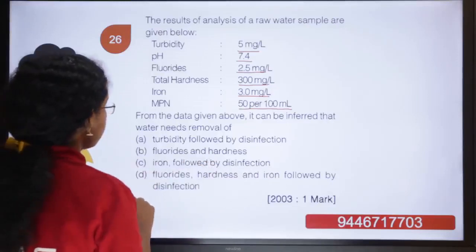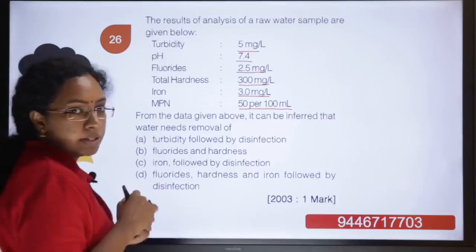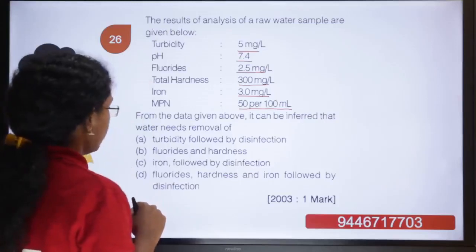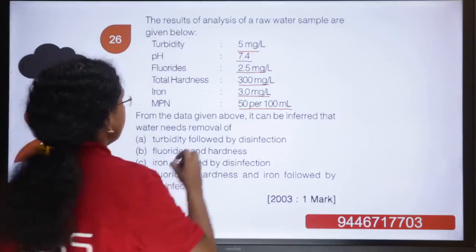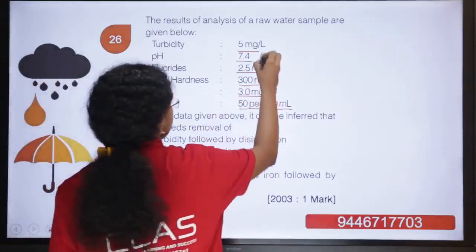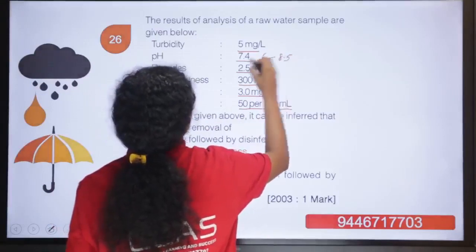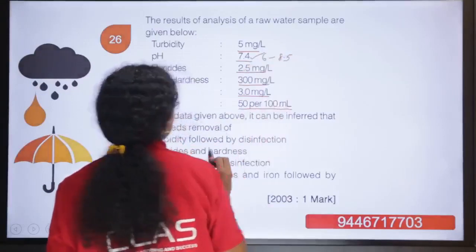So, here we have studied the limits for all of these parameters. The pH value for drinking water should be between 6 to 8.5, so pH is correct.